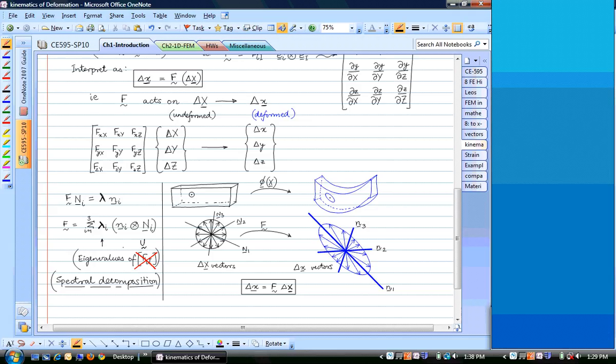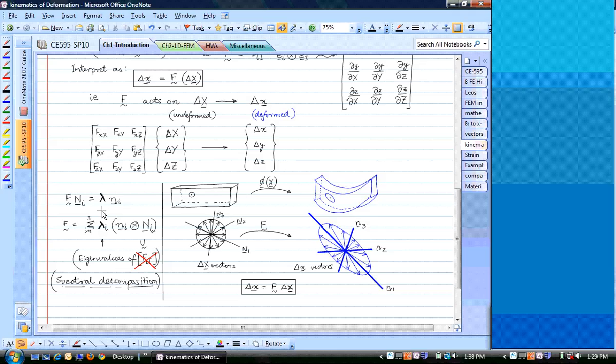So what we are trying to say here, in this relationship right here, is that if you go to some vector big N, I've marked those vectors in this undeformed configuration as these big N unit vectors. When you apply F to these unit vectors, it will take them to a new direction, small N1, and all that it will do is stretch it by some scalar lambda.